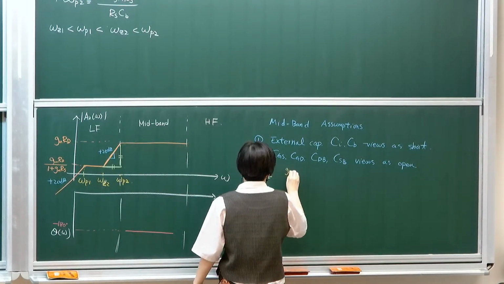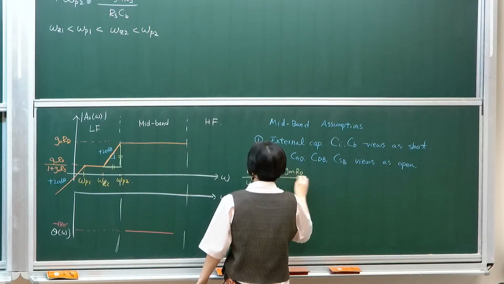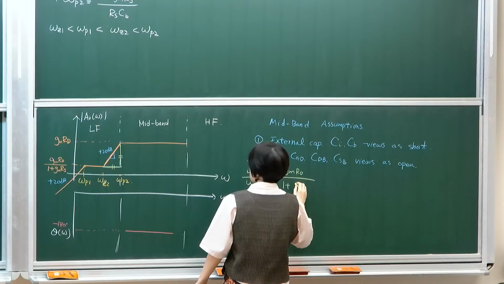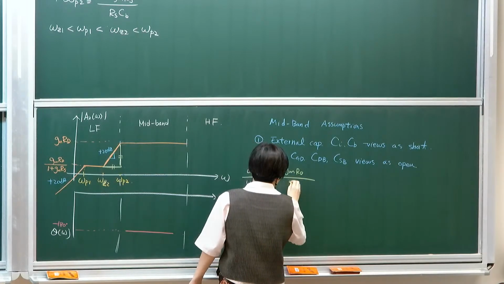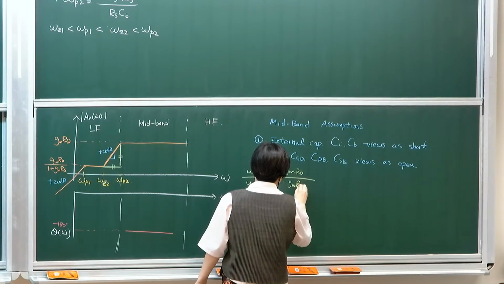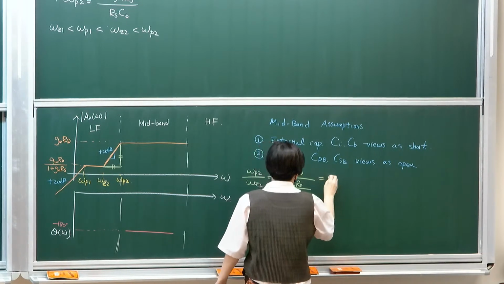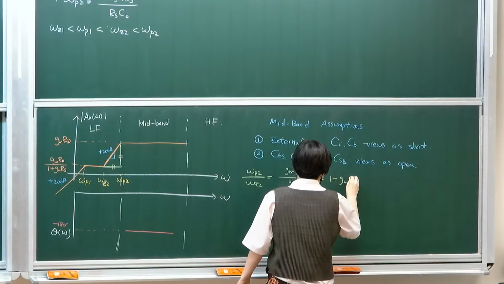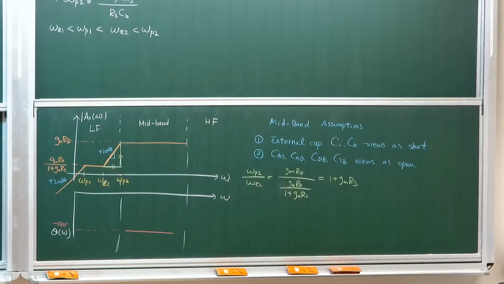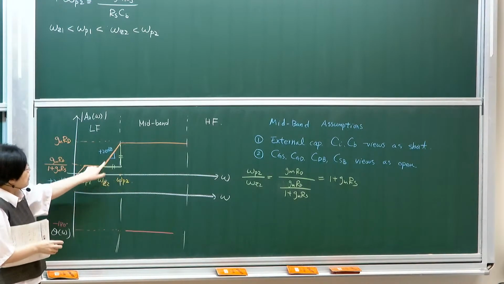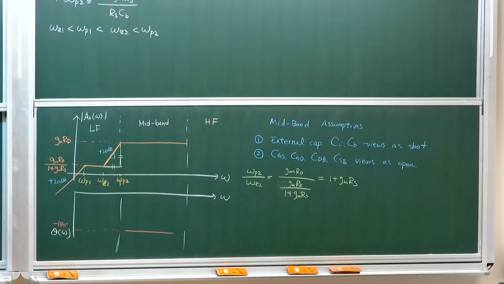So it's GMRD over GMRD over 1 plus GMRS. Therefore, it's 1 plus GMRS. Okay? So you see it's supposed to coincide with what we obtained up there. The ratio between the two should be the same, and it's 1 plus GMRS.